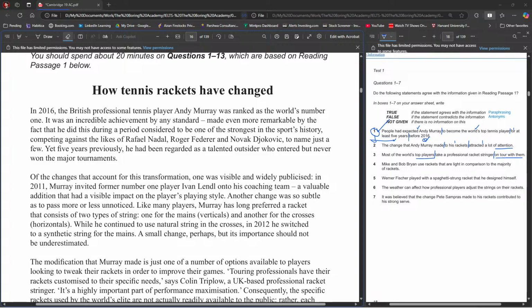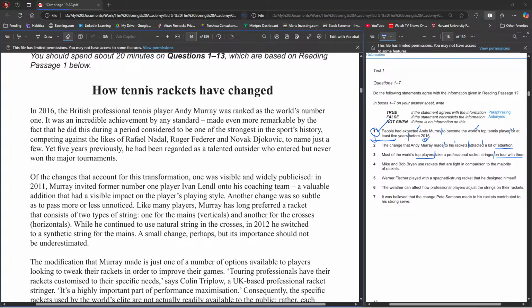It was an incredible achievement by any standard, made even more remarkable by the fact that he did this during a period considered to be one of the strongest in the sport's history, competing against the likes of Rafael Nadal, Roger Federer, and Novak Djokovic, to name just a few.